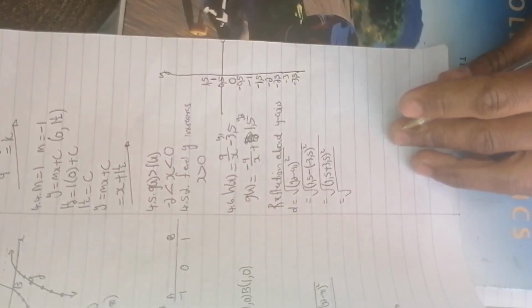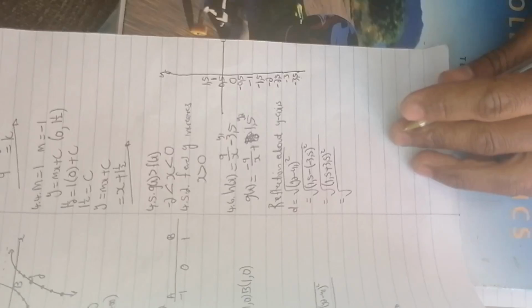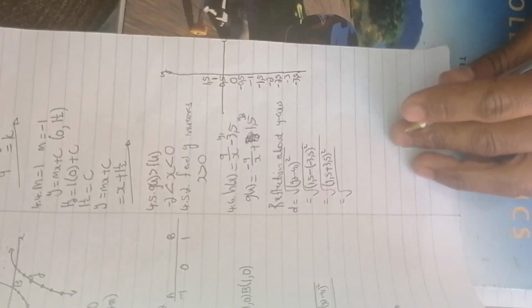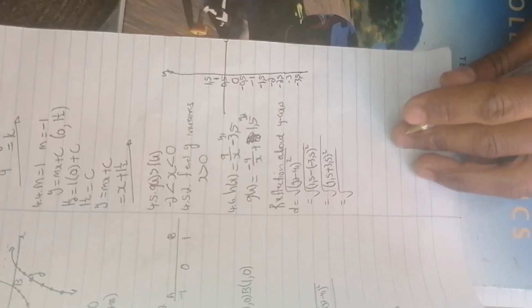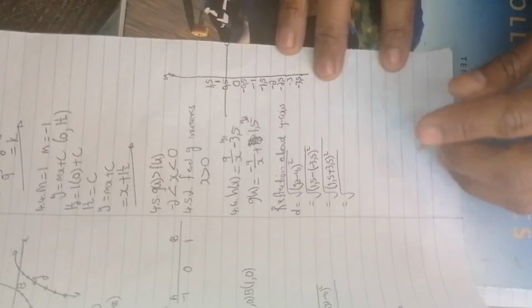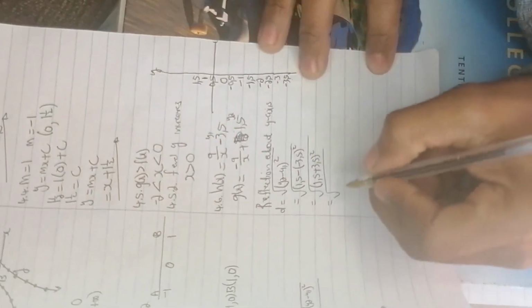So I will have 1.5 plus 3.5, and I square this, and I find a value of root 25.